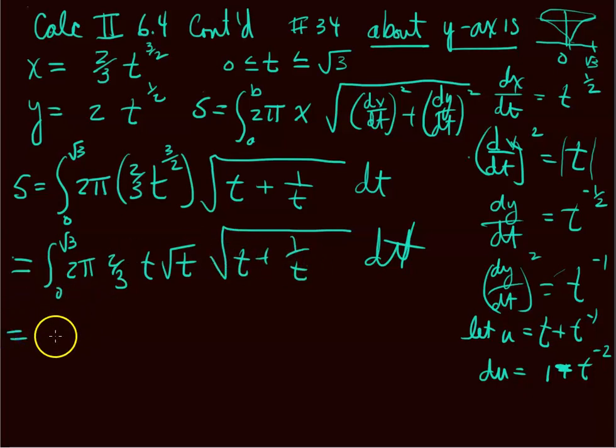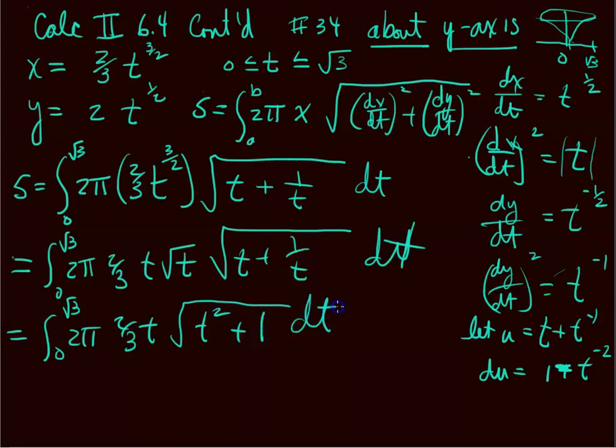So now this is from 0 to square root of 3 of 2 pi, the 2/3 t, and underneath becomes t times t, which is t squared, and t times 1 over t, which is 1, dt.